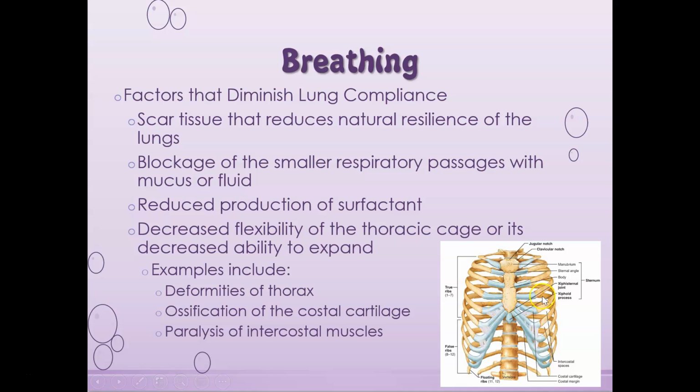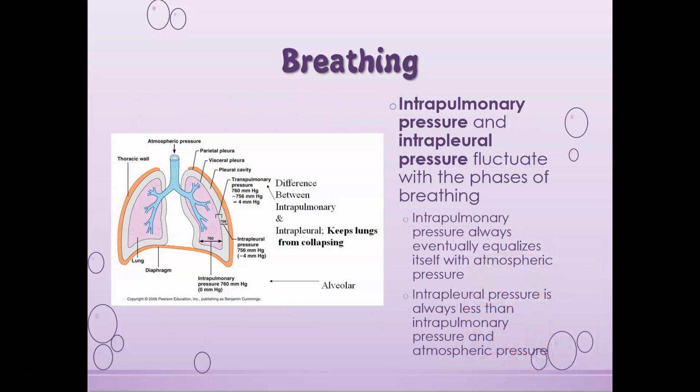You can also get paralysis of these intercostal muscles, the muscles that sit between your ribs, and as a result, that prevents the lungs from having the compliance and expansion they need in order to get that air pressure to drop and be able to get the air to flow in.